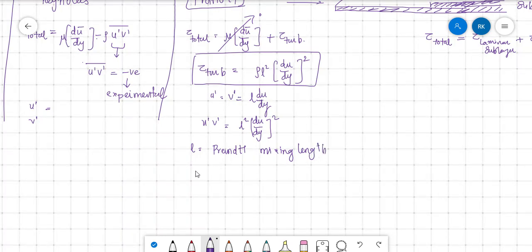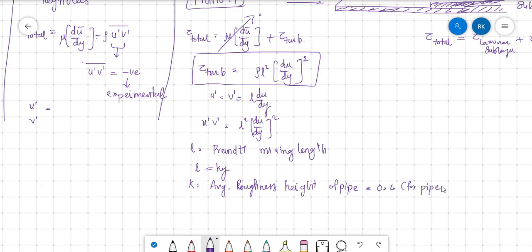And this L is equal to K into y. L is equal to Ky. Then what is K here? K is the average roughness height of the pipe. Generally this will be 0.4 for pipes.